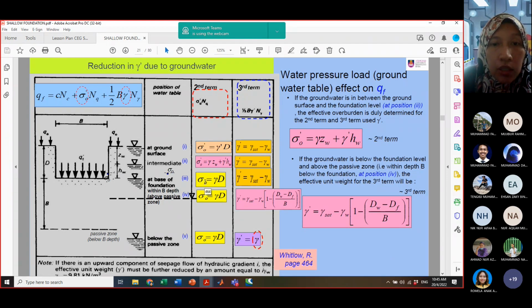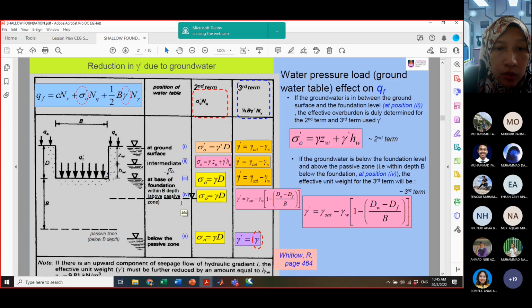Effective sigma is where you have to subtract the unit weight of the water. If it is the ordinary sigma, it will not have a water table effect. But when you go to term number 3, since it is still within the zone of influence of the water table, its gamma is still gamma effective.